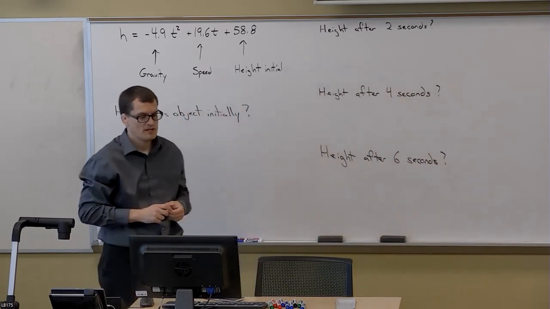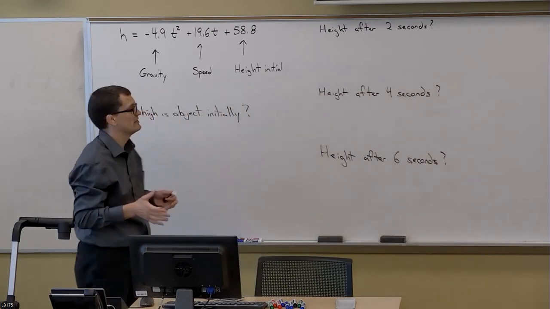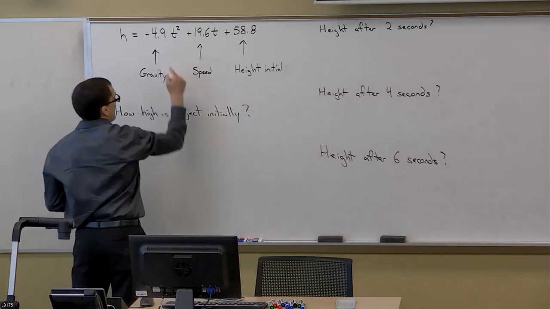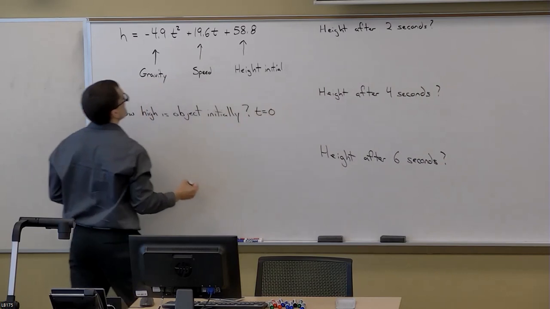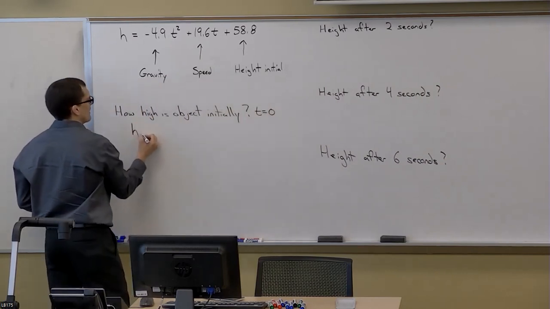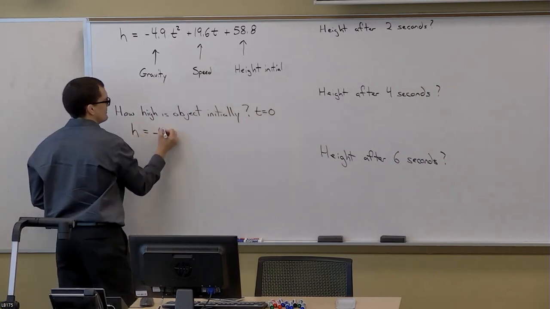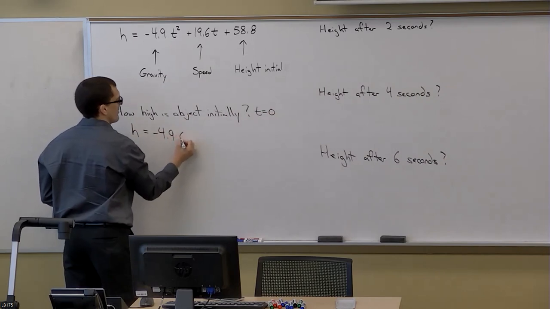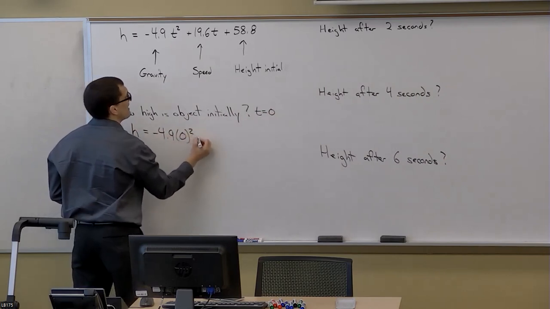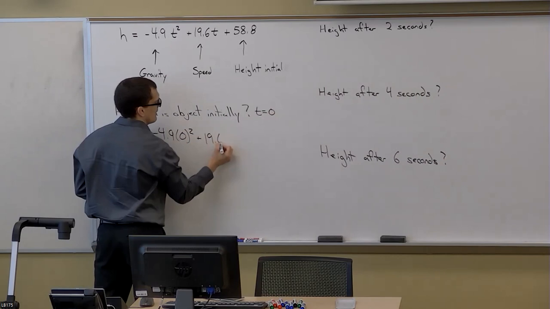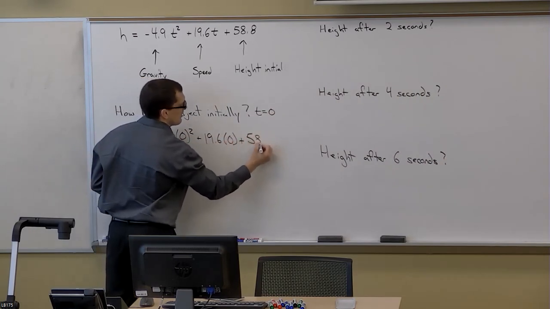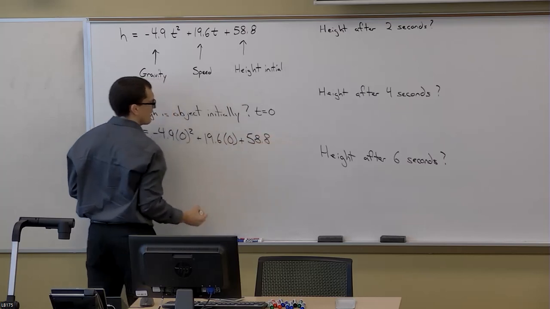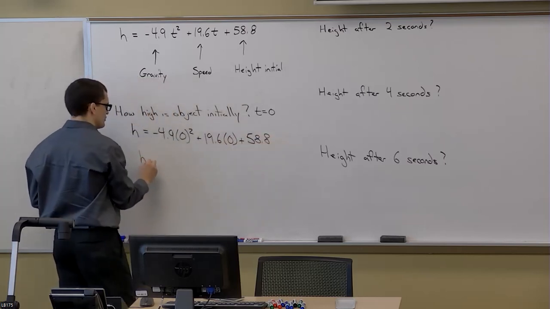Okay. So when we say how high is this initially, all we're saying is what's going to happen at t of 0. We kind of know what's going to happen at t of 0, even before we start, because it said that the initial height.